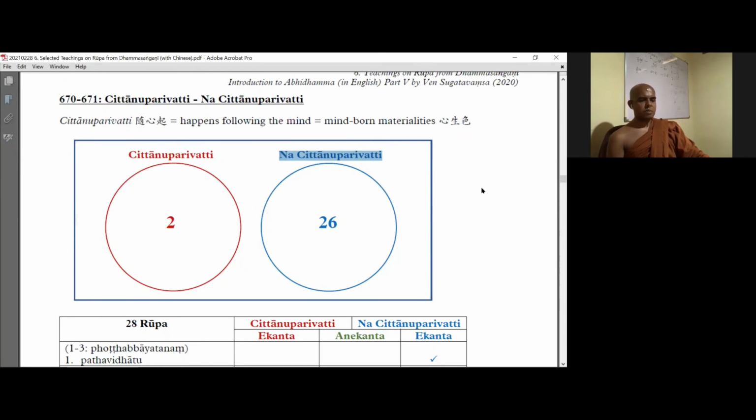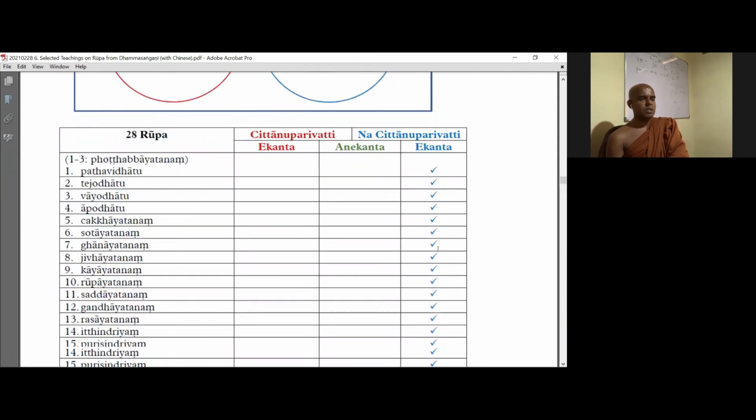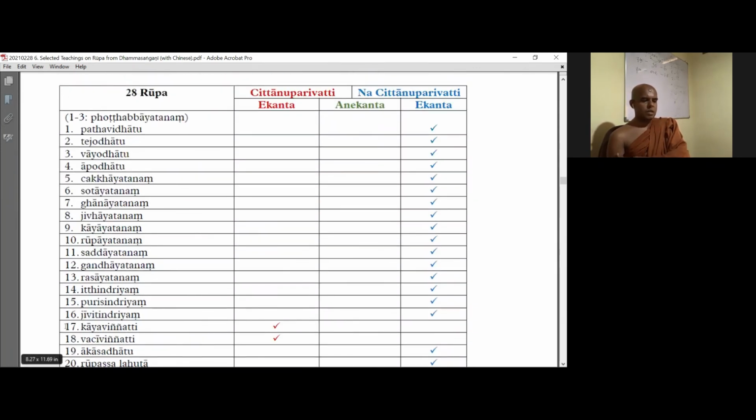Happening following the mind means mind-born materiality. The two vinyatti rupa are called mind-born materiality, happening following the mind.